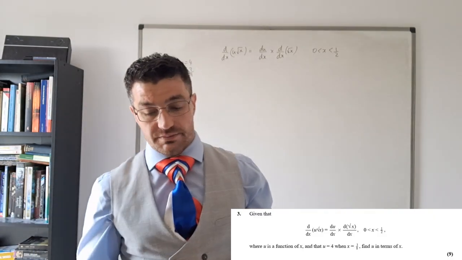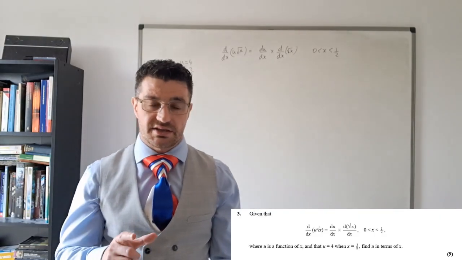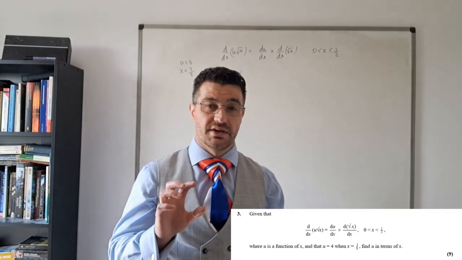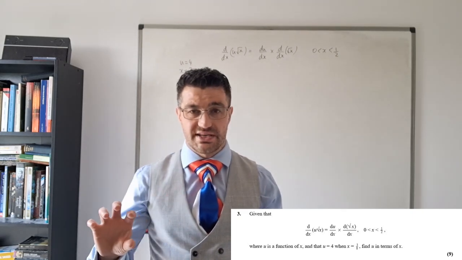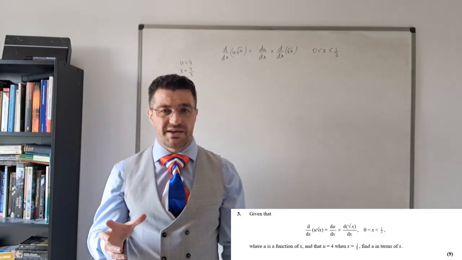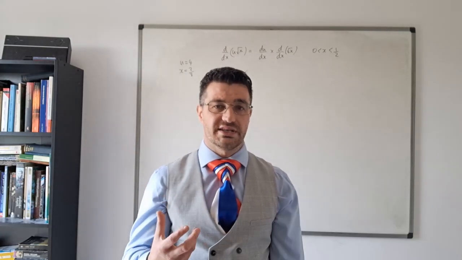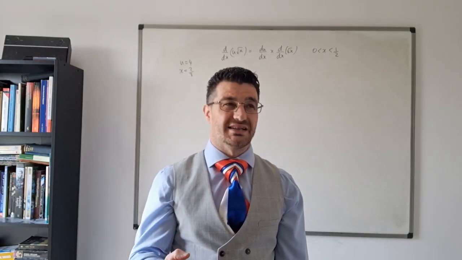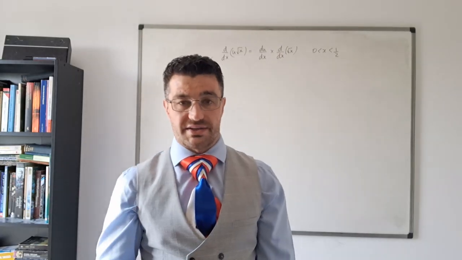The Advanced Extension Award in Mathematics concentrated mostly, in fact entirely, on the normal A-level maths content. It didn't really include any further maths content. So we need to bear in mind that to solve this problem we probably only need techniques that are, generally speaking, on the normal A-level maths course.